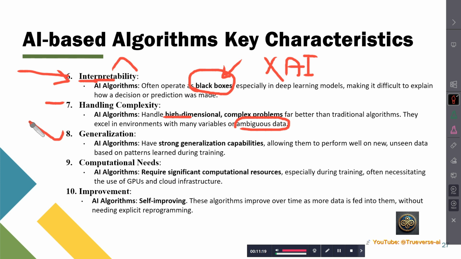Generalization. Once trained on data, they can apply what they've learned to new, unseen data, which makes them better than traditional. For instance, an AI model trained to recognize cats in images, for example some cat images, can still accurately detect cats in new pictures it has never seen before.